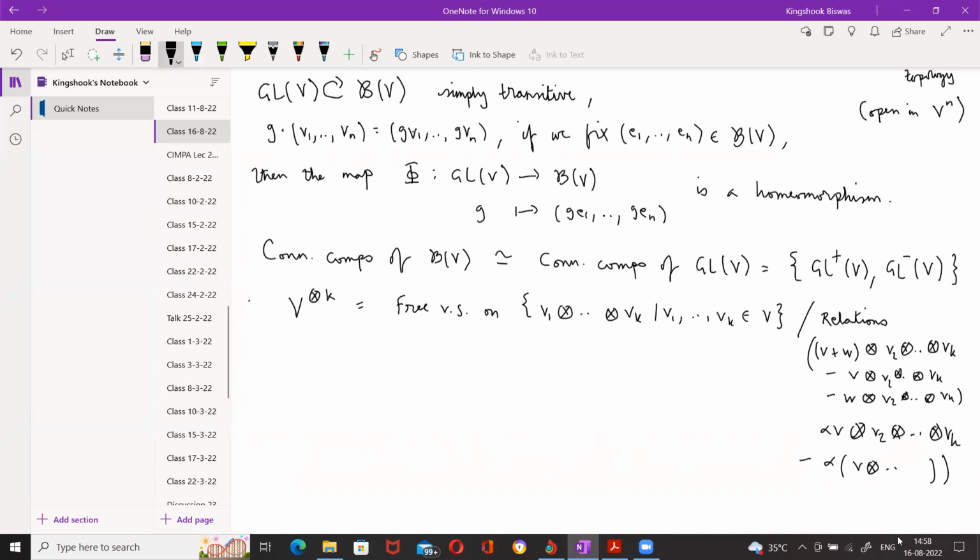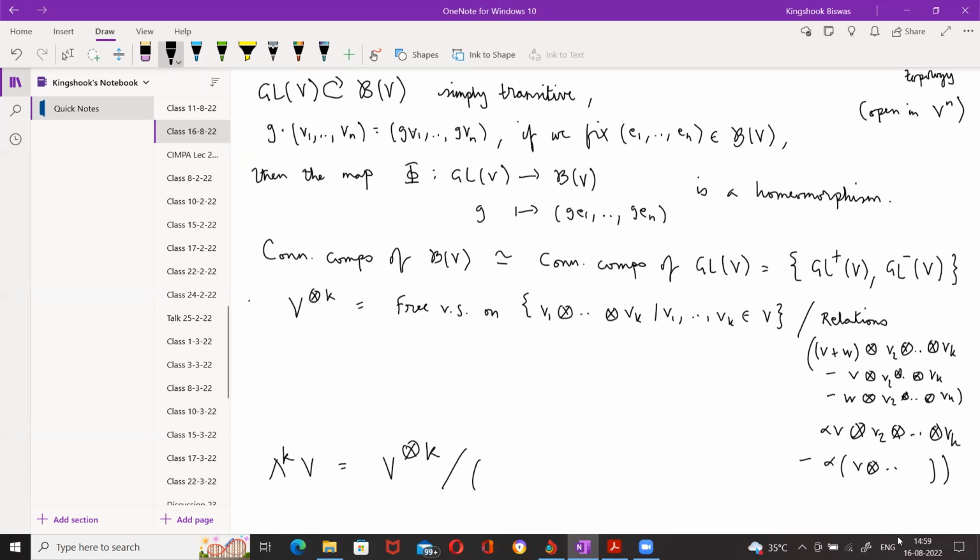And normally the kth wedge of V is equal to the tensor product quotiented by some relations. It's just the relations that if I interchange any two, a sign should appear.